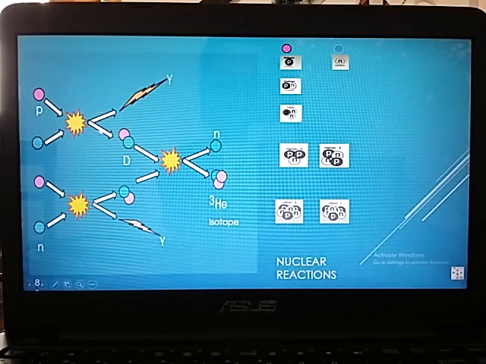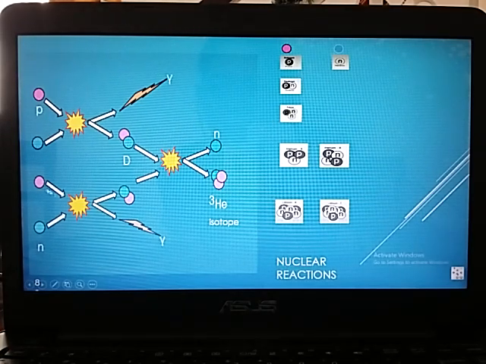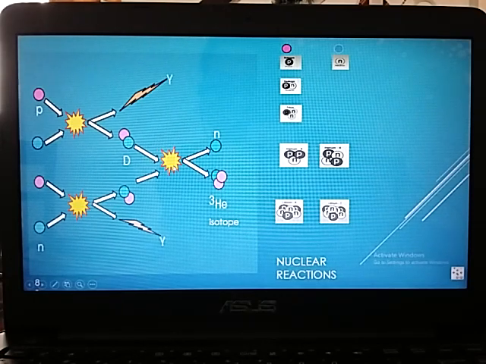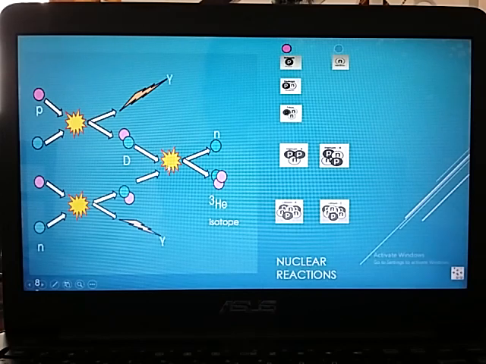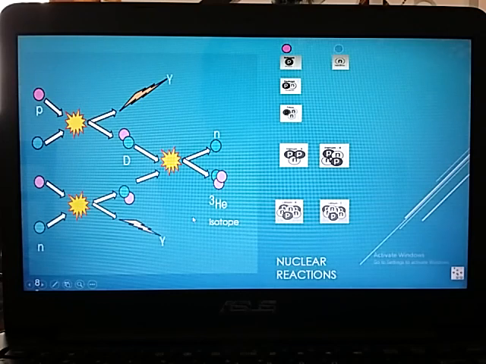Itong deuterium, different na doon kasi nagsama na sila. Nung nagsama ang dalawa, naka-form ng different element. Hindi na siya deuterium, naging helium na siya.